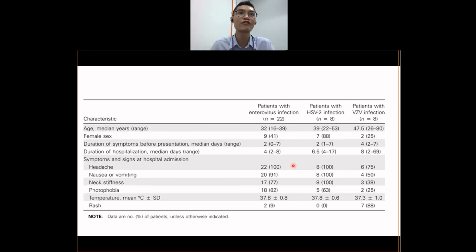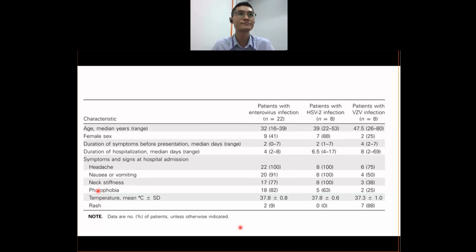Nausea and vomiting are also common symptoms, like neck stiffness, photophobia, and also fever. You can also have rashes, especially with enterovirus CNS infection. For your level, you need to know the common presenting features of patients with meningitis and encephalitis. These are the common ones: headache, neck stiffness, nausea, vomiting, high grade fever, photophobia, and occasionally rash.